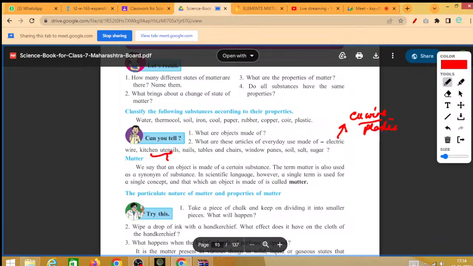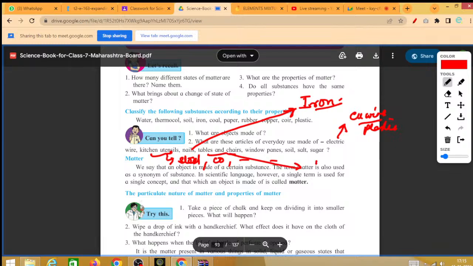Kitchen utensils are made up of what? Either steel, copper, brass, aluminium. Nails are made up of metal. Which metal? Iron. Iron. Okay. Tables and chairs?